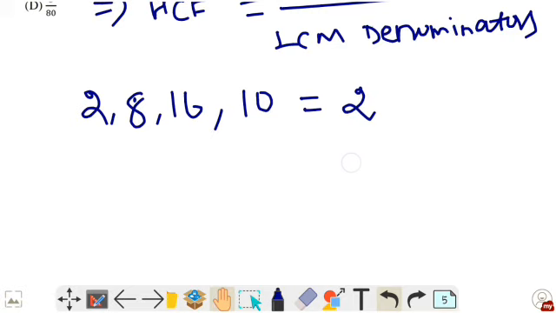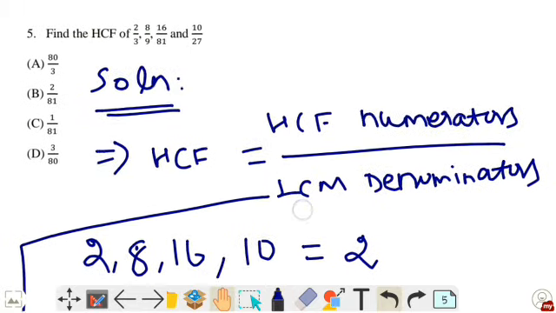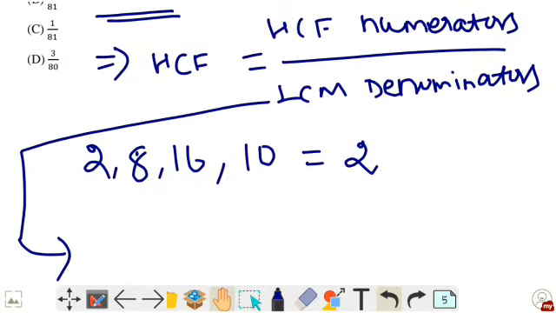Next we find the LCM of denominators. What are the denominators? 3, 9, 81 and 27.